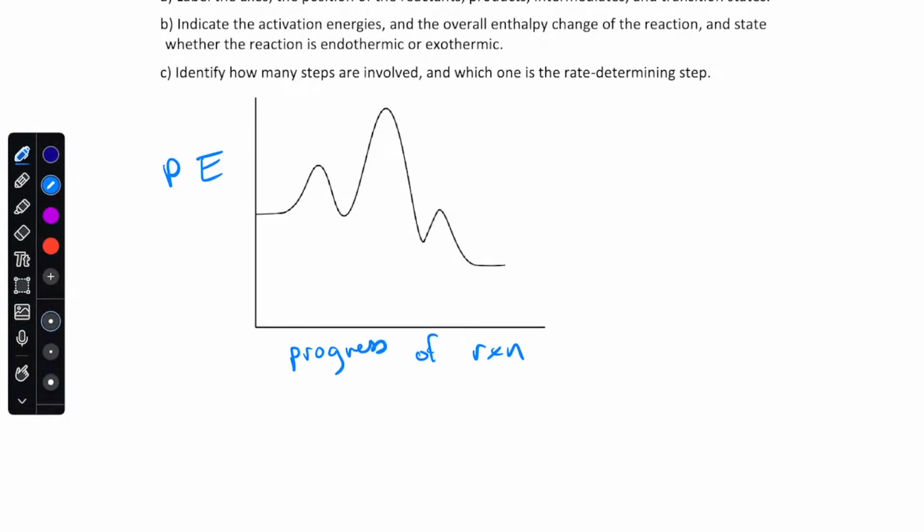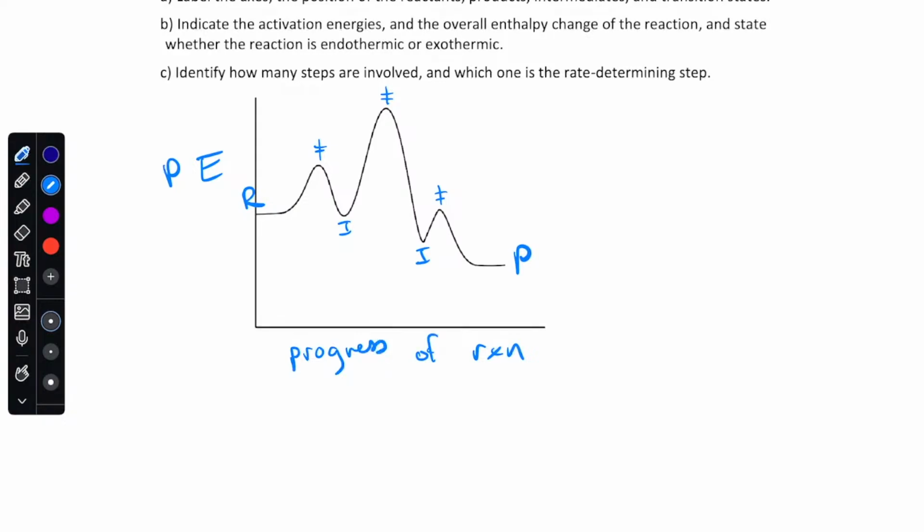The position of the reactants: the reactants are over here on the left and the products are over here on the right. Intermediates are in between the peaks. They're the valleys in between. Transition states are the tops of the mountains. And we give them these little double dagger symbols to indicate where those are.